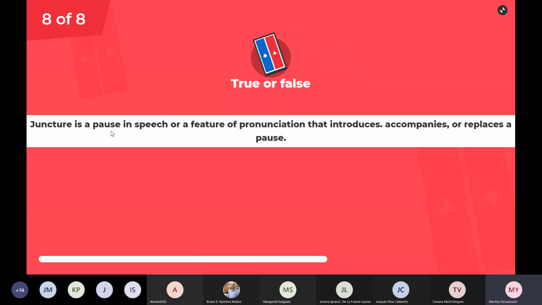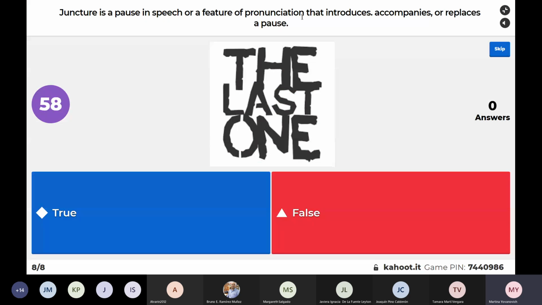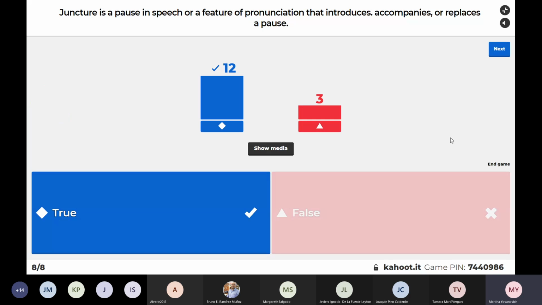This is the last one. Juncture is a pause in speech or a feature of pronunciation that introduces, accompanies, or replaces a pause. That's true. Well done. Excellent. I think that was the easy one. Okay.